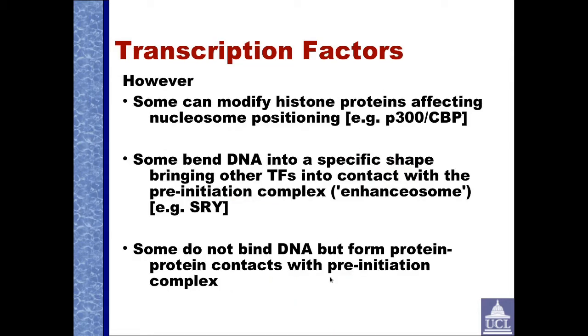However, we now know that some can modify histone proteins, affecting nucleosome positioning. Some bend the DNA into a specific shape, bringing other transcription factors into contact with the pre-initiation complex. And some do not bind DNA at all, but form protein-protein contacts with the pre-initiation complex.